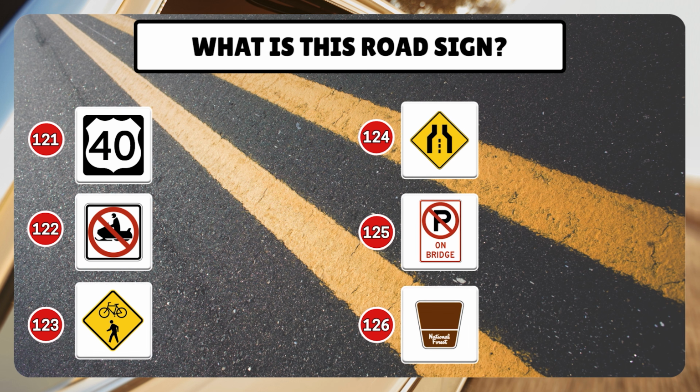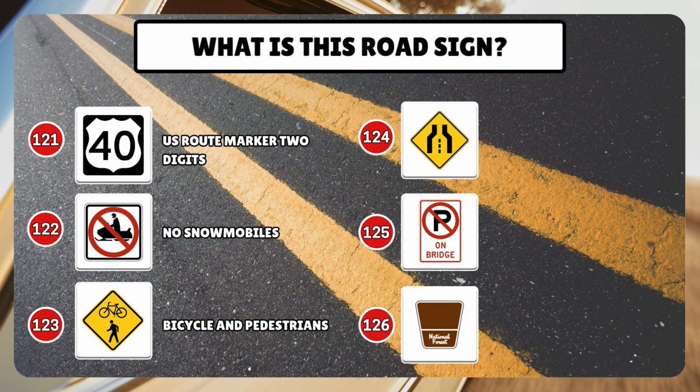What road sign is this? That is a U.S. route marker 2-digit sign. That is a no snowmobile sign. That is a bicycle and pedestrian sign.